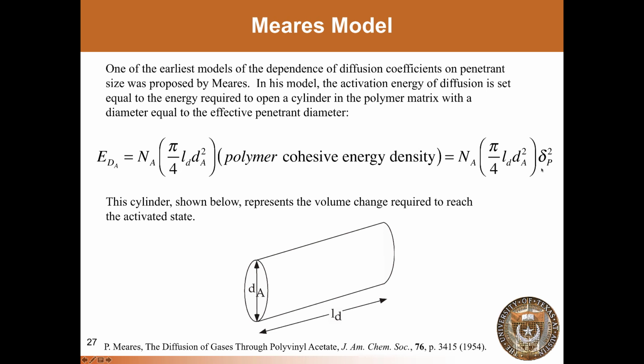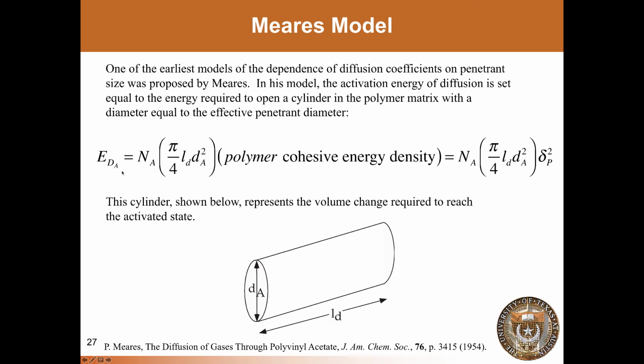We saw the polymer solubility parameter, and the square of the solubility parameter is the polymer cohesive energy density. It is the strength of interactions that act to encourage polymer segments to stick to one another. And the higher the cohesive energy density, the stronger the interaction of polymer segments with one another.